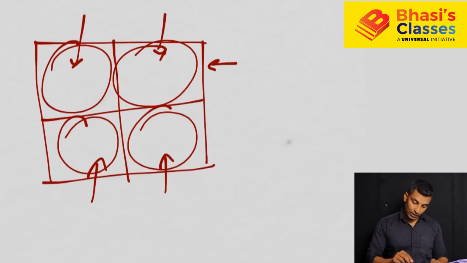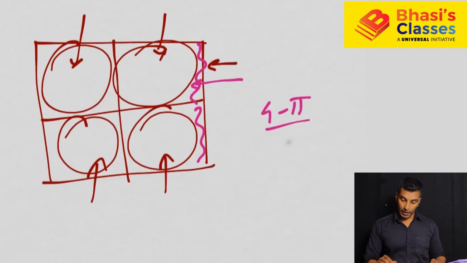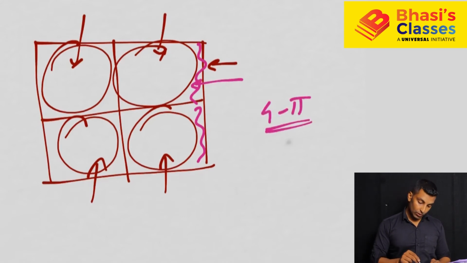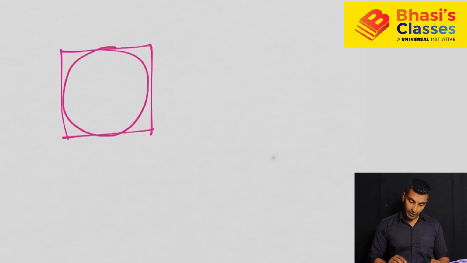If you ask me what is the area of these regions, that is 4 minus pi if the total is 4. Let me give you another example so that you will understand in a much better way. You have a square and a circle, the maximum possible circle which can be inscribed, and the side is given as 16.